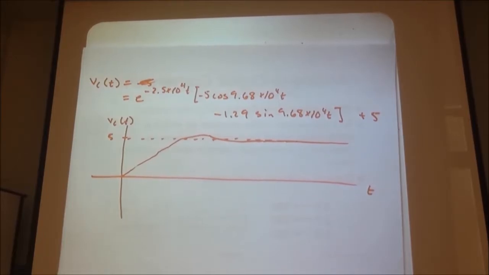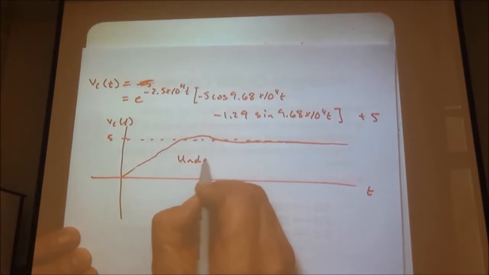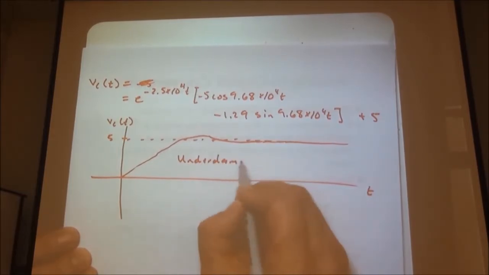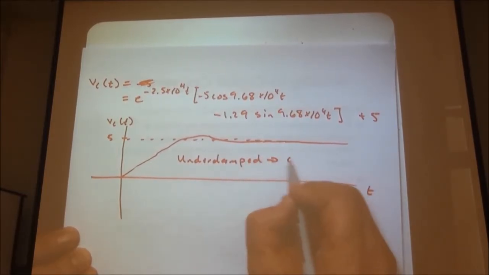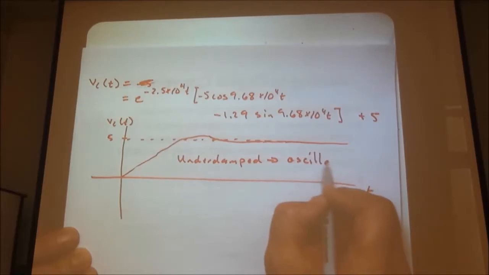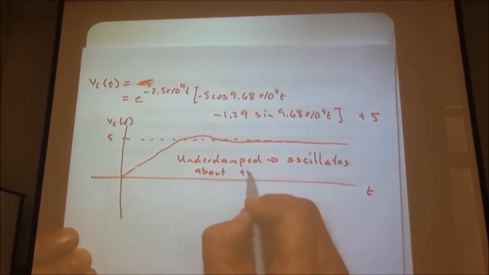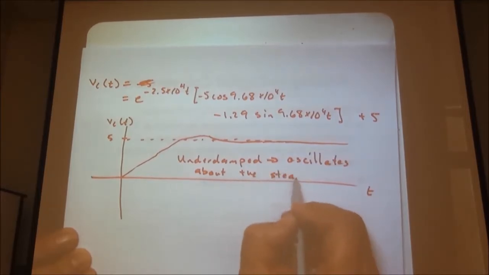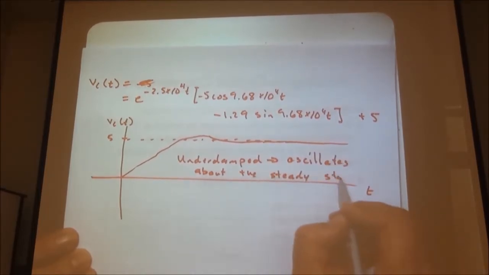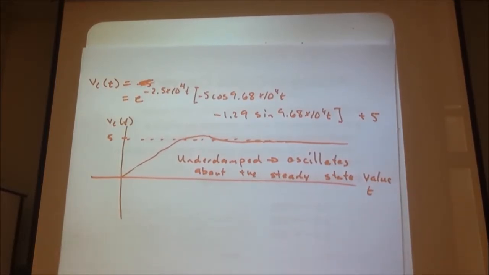Underdamped means it oscillates. It oscillates or rings about the steady state value. Not very much in this one.